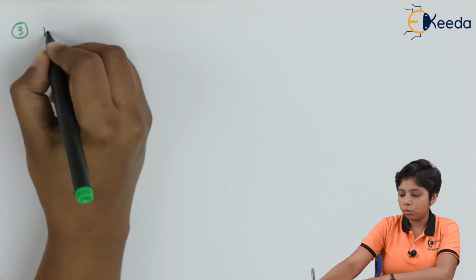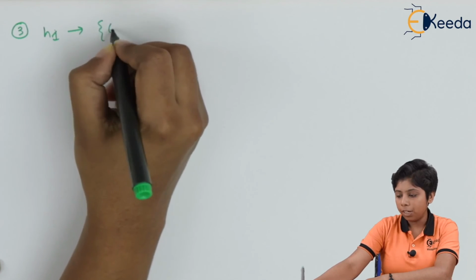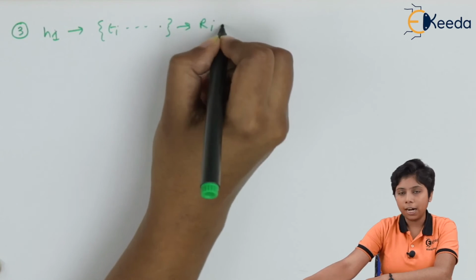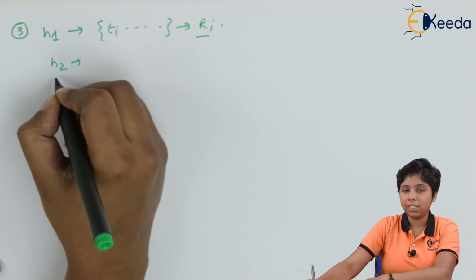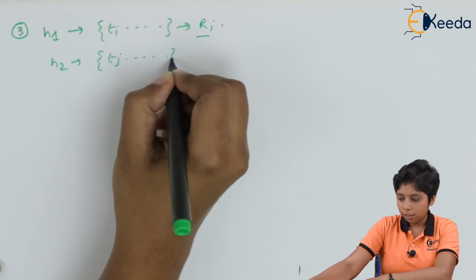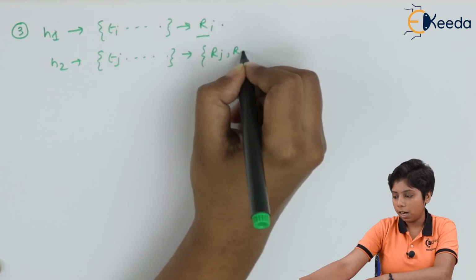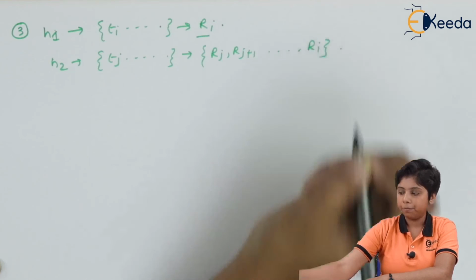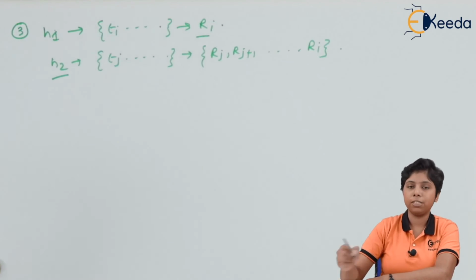So first we need to build this H1 hash function on every tuple T that belongs to the set Ri, and now on this Ri again we need to build a hash function H2 on Tj with sets of Rj plus 1 till Ri. So now we have this Ri again partitioned into H2.